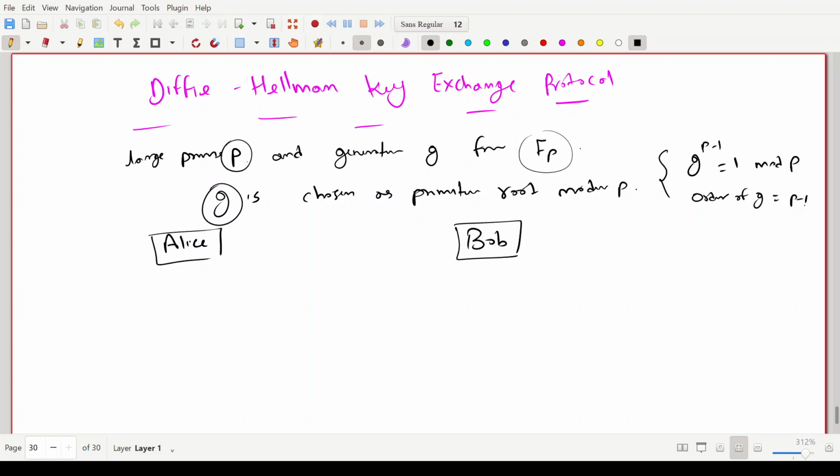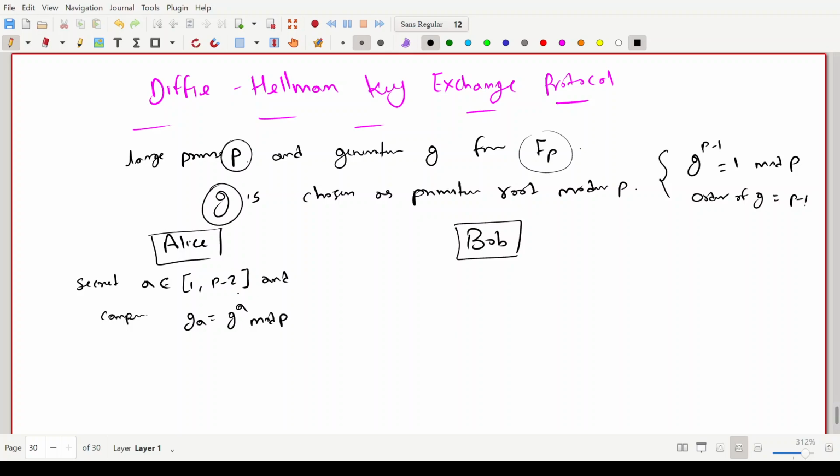First, Alice chooses a secret A, which is from 1 to P minus 2. Secret means it won't be revealed to anyone. And she computes G raised to A, let me denote it as GA, which is G raised to A modulo P.